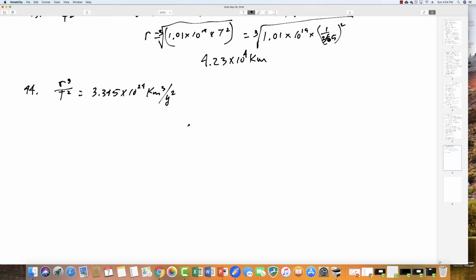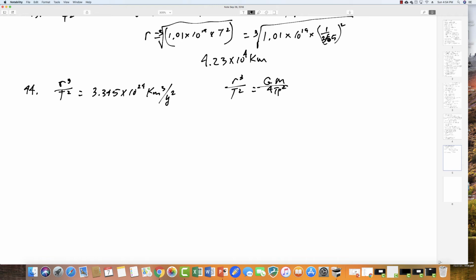Now there's another formula that you need in order to do this problem. And that other formula, which is in your book, is a derivation that says that R cubed over T squared is equal to G M, where G is the gravitational constant and M is the mass of the planet in question, over 4 pi squared.